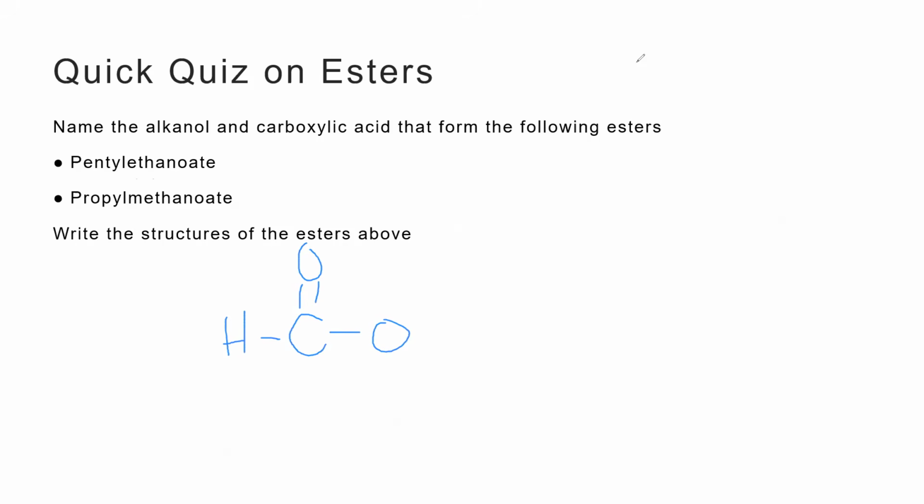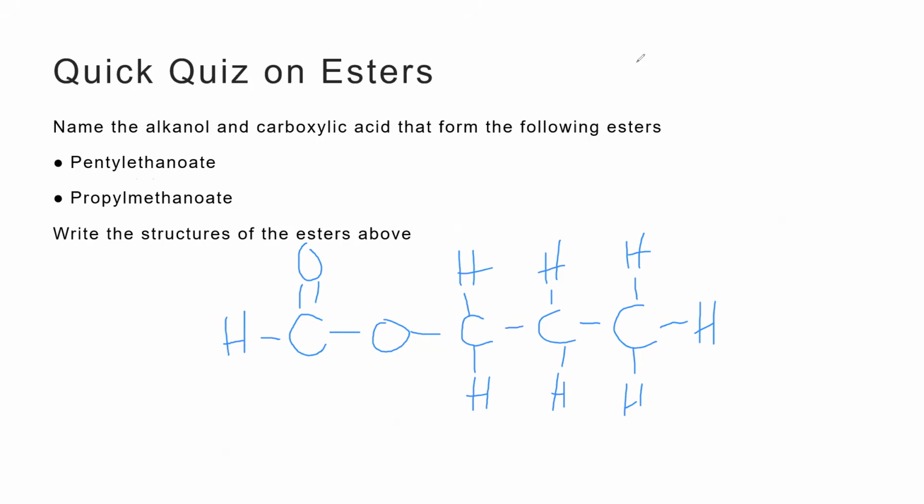Meth, one carbon. Then the propyl, prop is 3. So we'll go 1, 2, 3. Then we'll fix in the hydrogens like that. That is it. This is the structure of propyl methanoate.